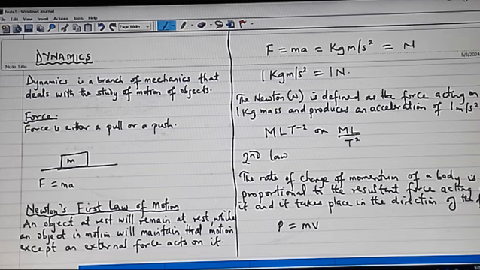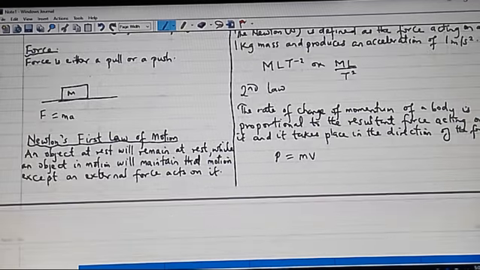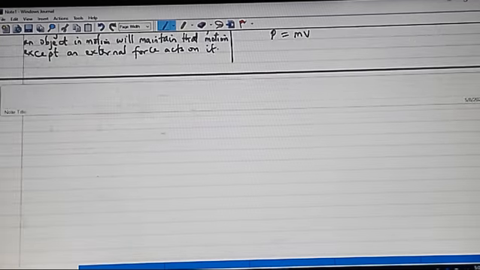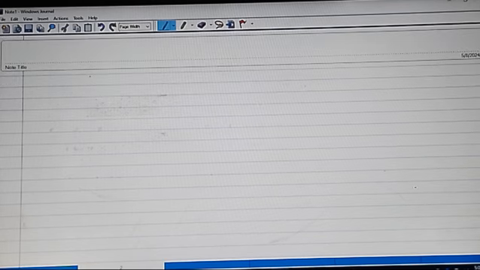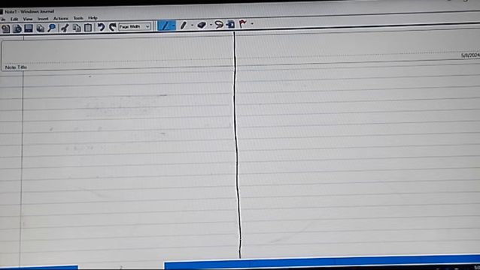And going from Newton's second law, we have agreed that force is equal to mass times acceleration. From the onset anyway, we are going to explain how that equation comes into effect.